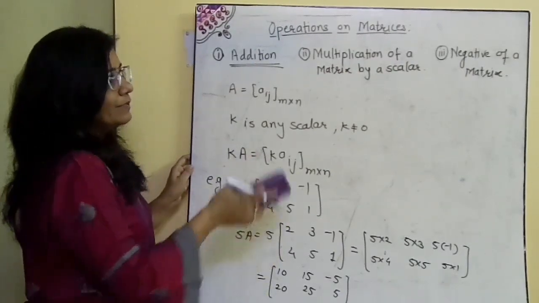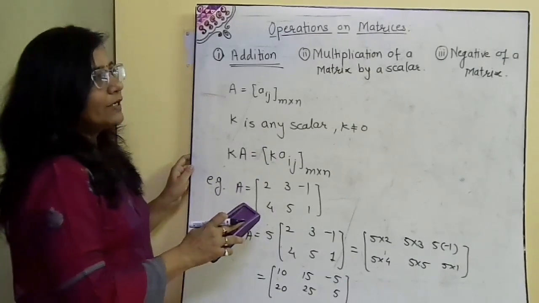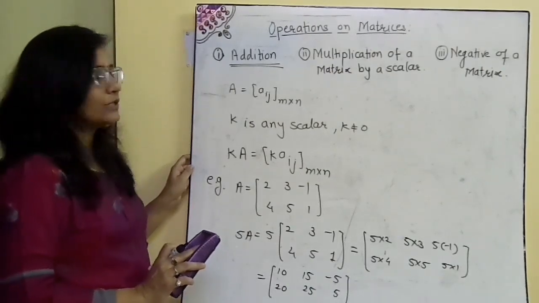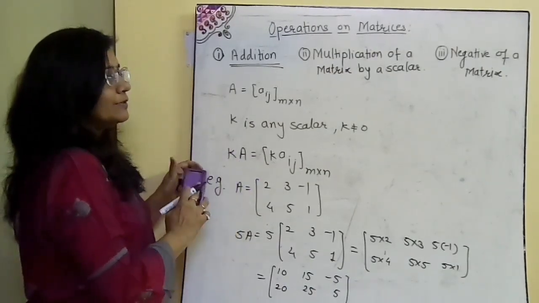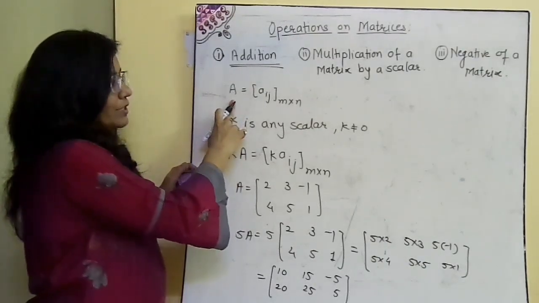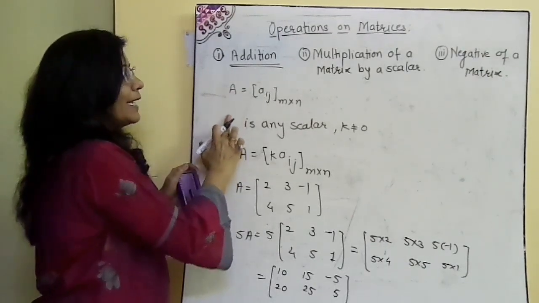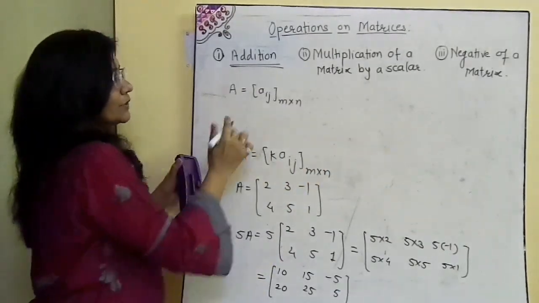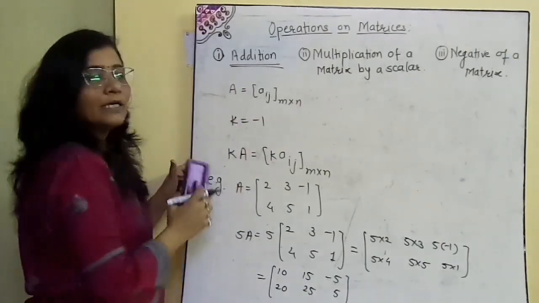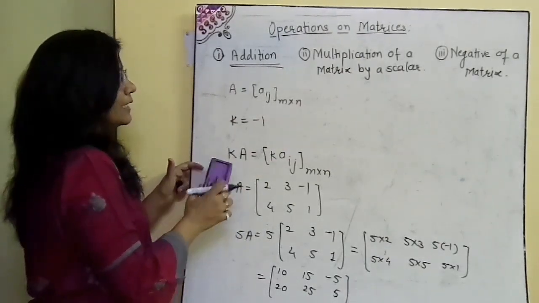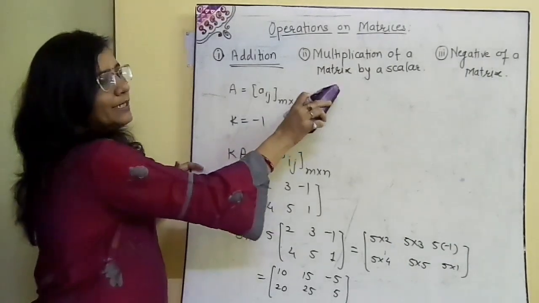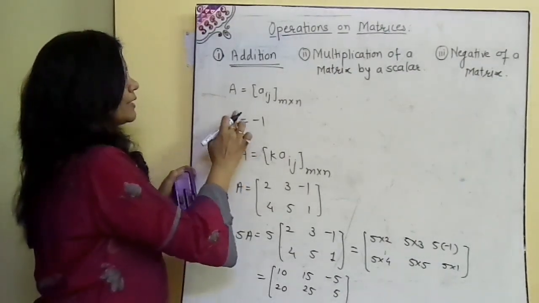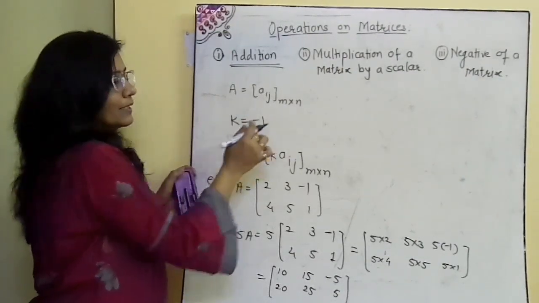Now this concept, multiplication of a matrix by a scalar, we will use for the negative of a matrix. Negative of a matrix means what? Suppose A is a given matrix, and instead of any scalar, if I consider K is equal to minus 1, then we use the same concept, the multiplication of a matrix by a scalar, for finding the negative of a matrix, where this K is minus 1.